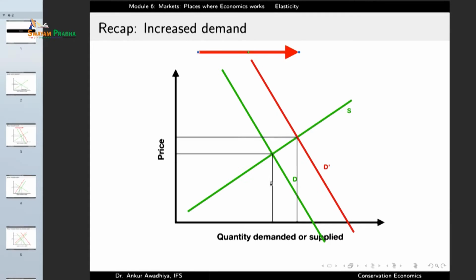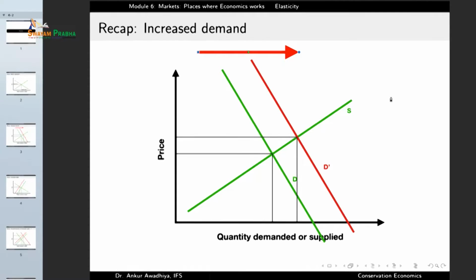Similarly, earlier the quantity that was demanded at the equilibrium was this. Now, with an increase in demand, the quantity that is demanded is this. So there is an increase. So if there is an increased demand, then we have observed that there is an increase in the equilibrium price and an increase in the equilibrium quantity that is demanded or supplied in the market.